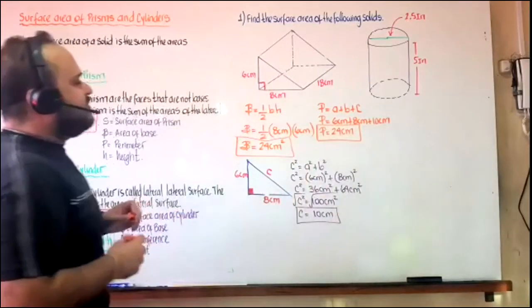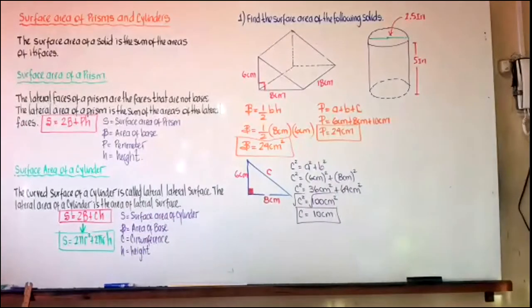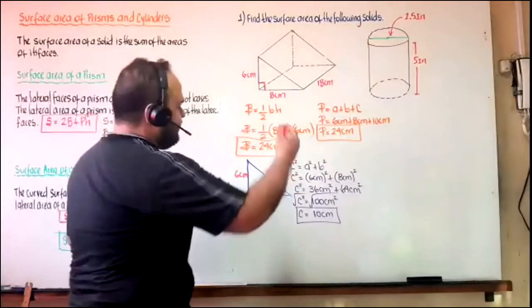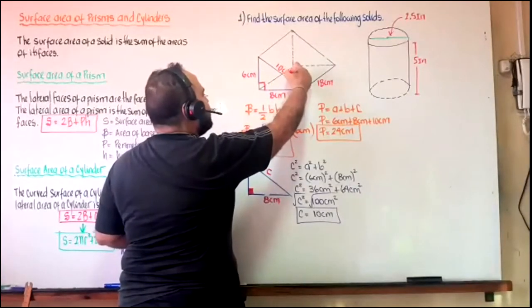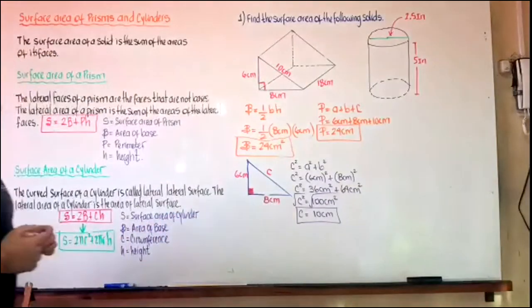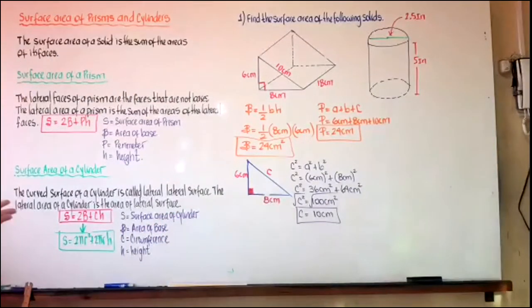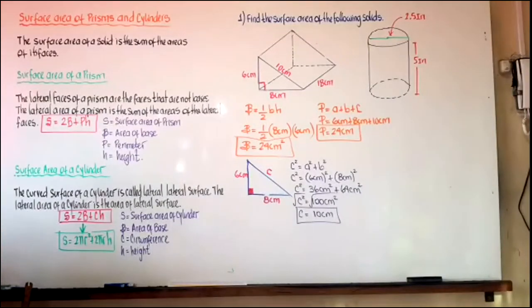And as you can see, we have the values for beta and P. But remember, the problem is asking for the surface area of that solid. Well, if you wish, we can mark this 10 centimeters over here, just to complete the picture of the problem. Now it's time to look for the surface area.